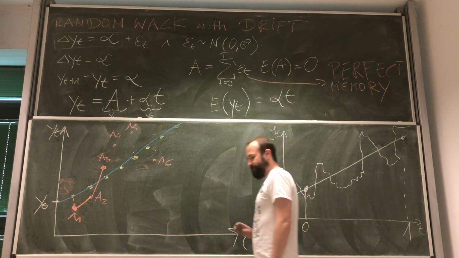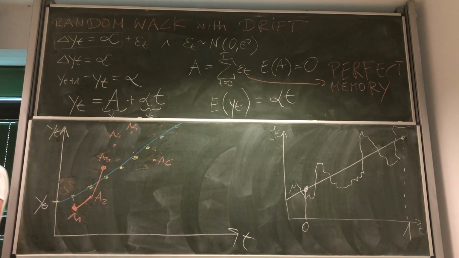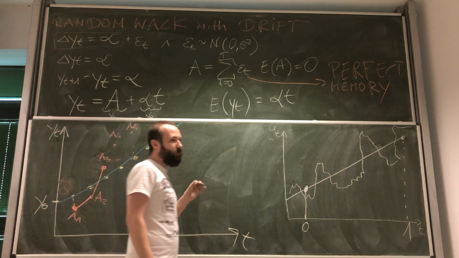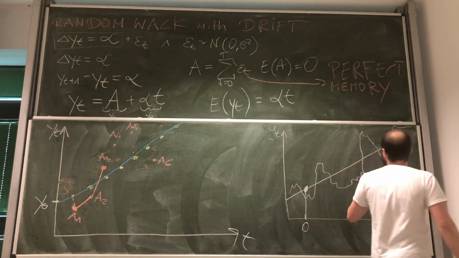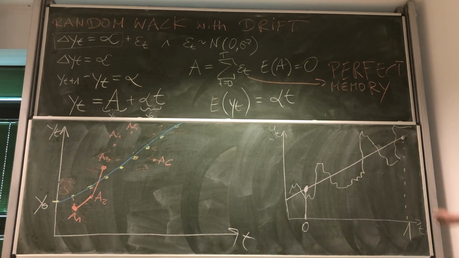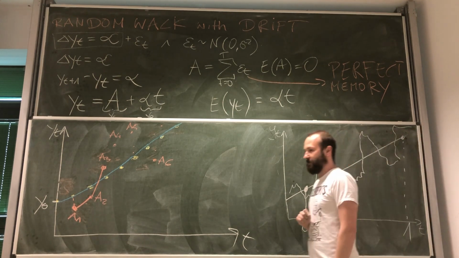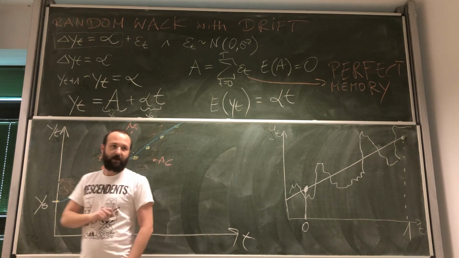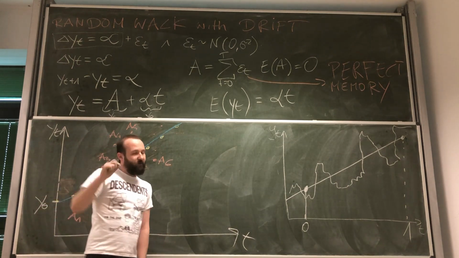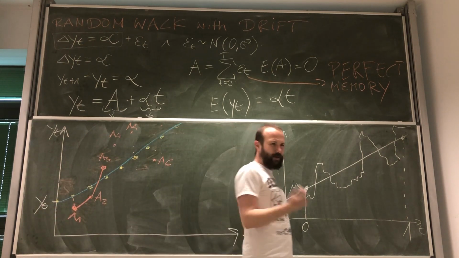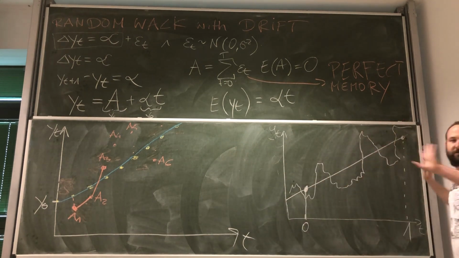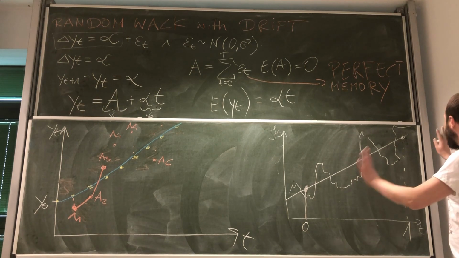However, as it turns out, the process you see over here, random walk with drift, is actually the best description of stock price movement we've got so far. Of course, we can assume that this is some autoregressive process, but I don't want to complicate this too much.